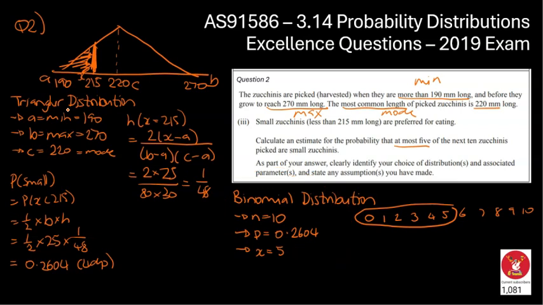I can reply with some videos. I'm pretty sure I made some showing you how the calculator works at some point. So anyway, the probability that x is less than or equal to 5, when I put that on my calculator, is going to be equal to 0.9759. So that means about 97-98% of the time, I am going to get at most 5 small zucchinis.